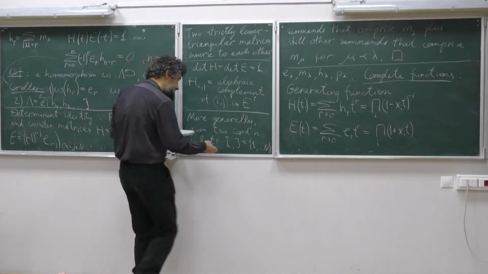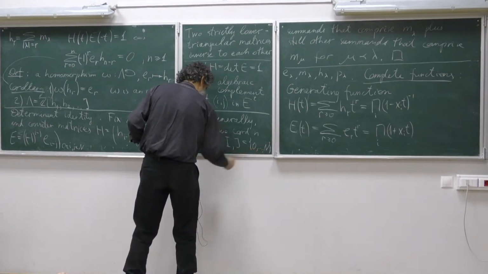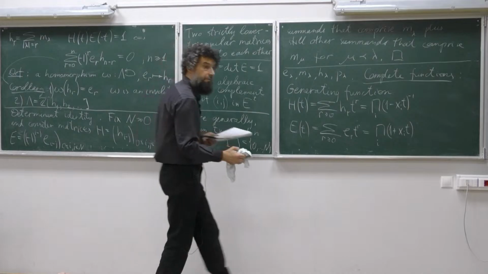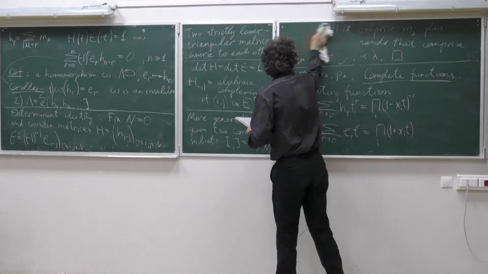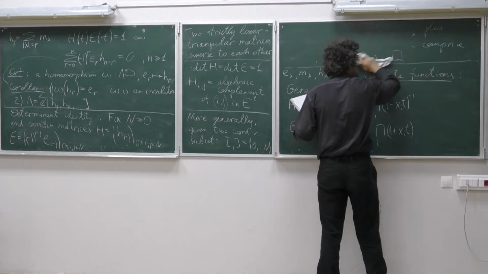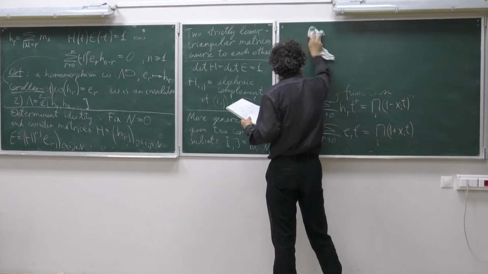Oh no, sorry, it starts from 0. Yes? Arbitrary cardinality n, small n subsets.